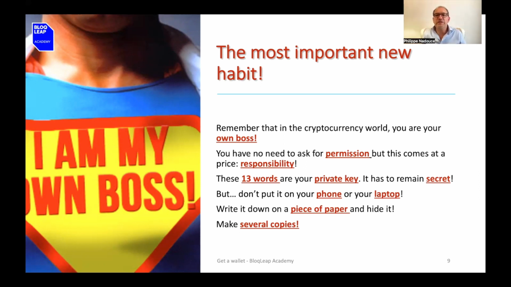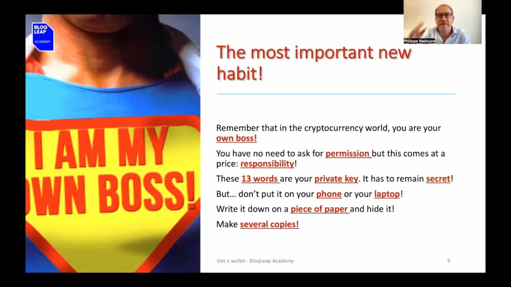So you don't have to ask permission, all right? Because you've got full responsibility and full access 24/7. And this full access key is, in the case of ABRA, 13 words, okay, that must remain secret. And please don't take a picture of it and put it on your phone, because your phone or your laptop can be hacked.